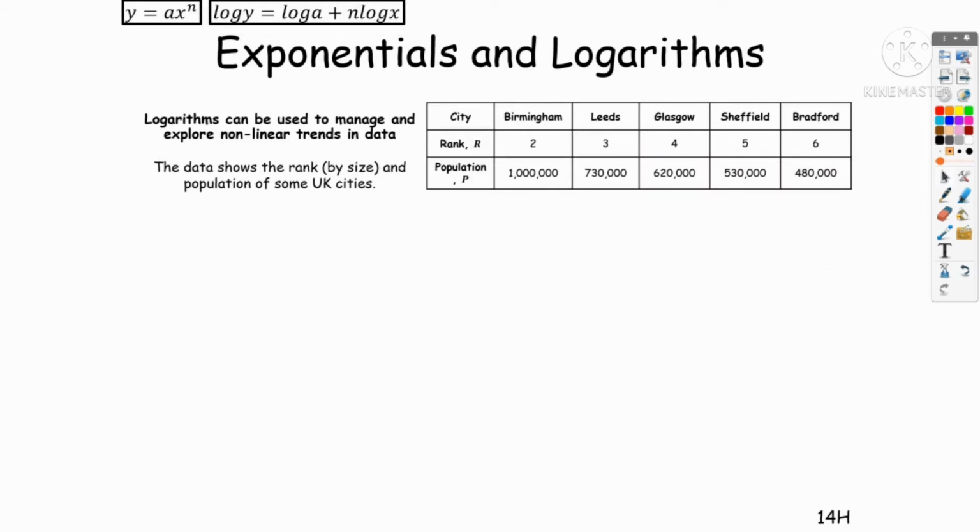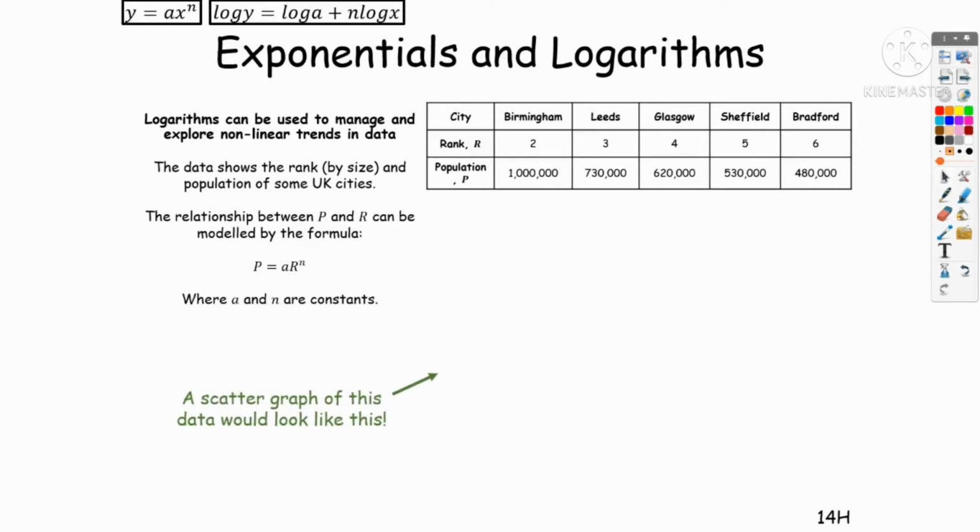It shows the rank by size and population of some UK cities. We've got Birmingham, Leeds, Glasgow, Sheffield, Bradford. I think these are in the Edexcel textbook that I took these from. The relationship between P and R can be modelled by the formula P equals A R to the n, where A and n are constants.